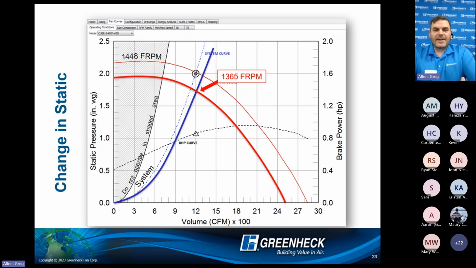This also kind of brings in, like, I've done 2 RPM changes here, one up, one down. Something to think about is what technologies are out there that allow me the freedom to speed up or slow down. And right, what comes to mind is EC motors, especially if you're in the fractional or low nominal horsepowers. That has built-in ability to give you a fairly large range of operation.